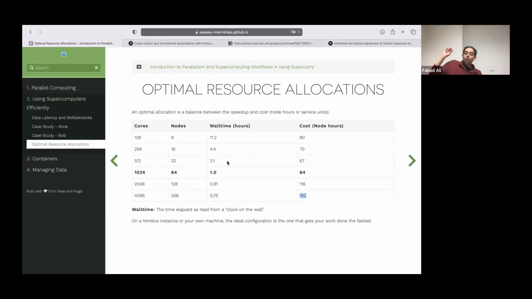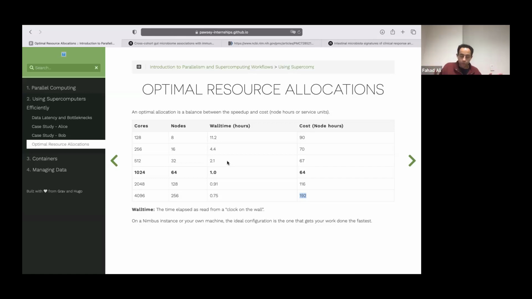Now, this is specific to using a supercomputer where you have to take into account your job allocation. Because you are charged for the resources you use, and I mean charged here in the sense of you are given a certain amount of service units. You have a certain allocation.